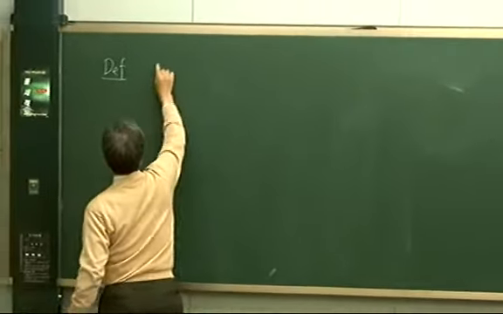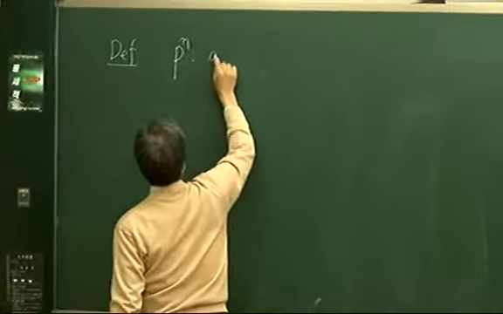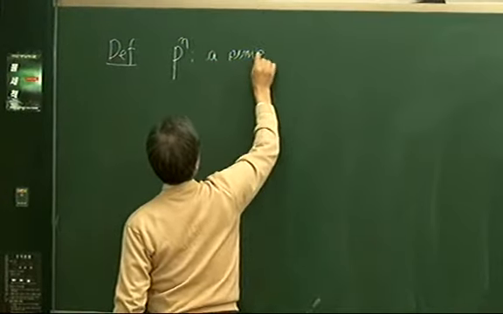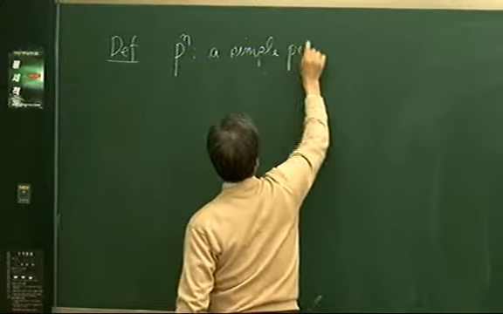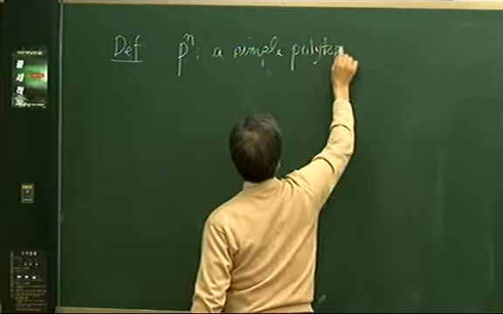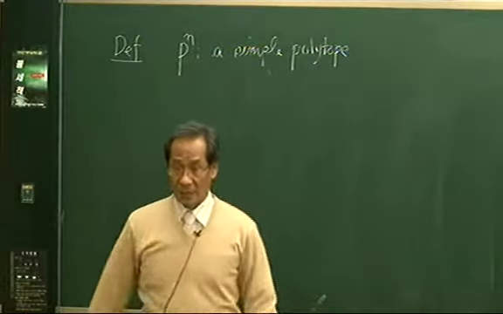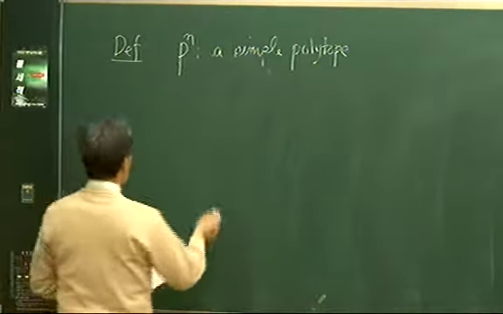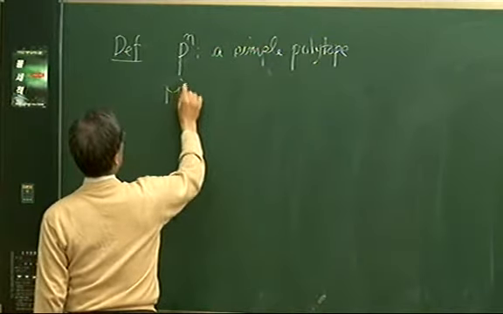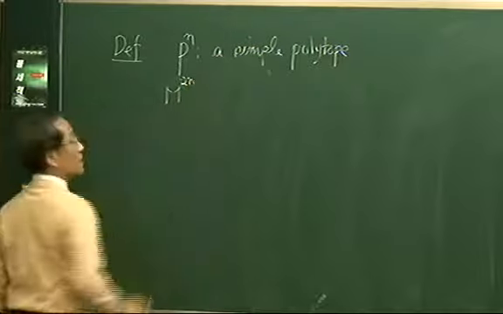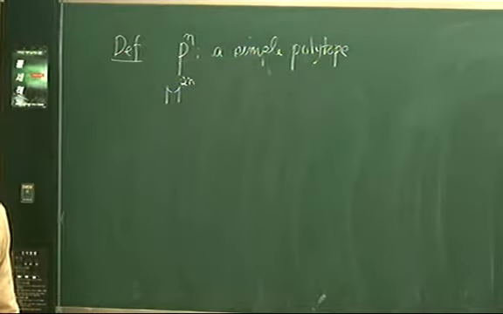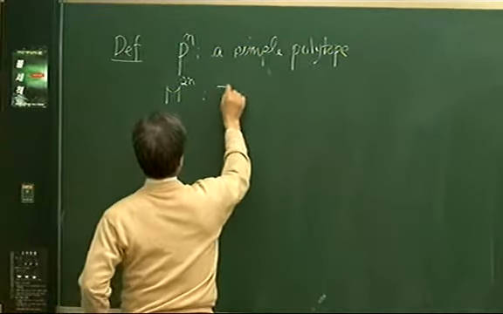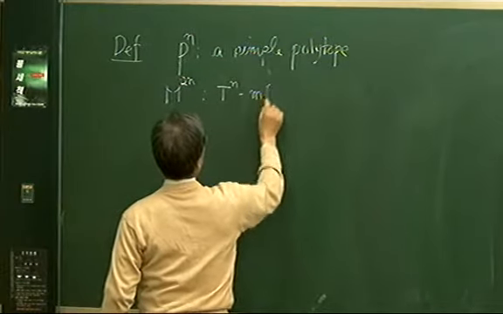So let Pn be a simple polytope. So n is the dimension of the polytope, okay? M2n, so this manifold is a 2n real dimensional manifold, is a Tn manifold.